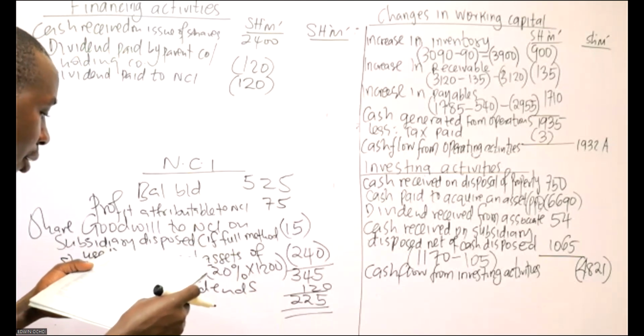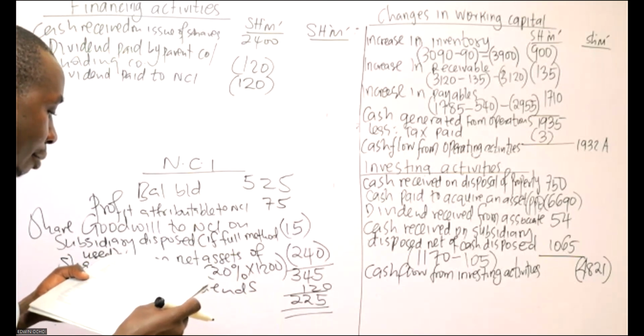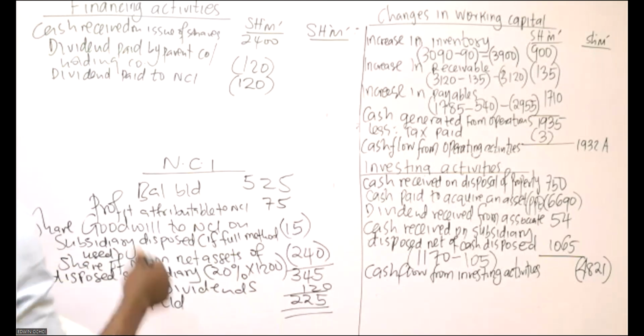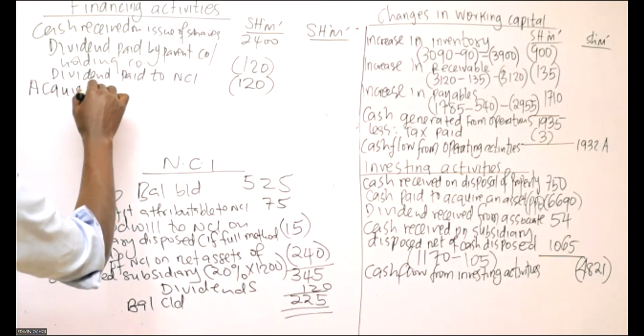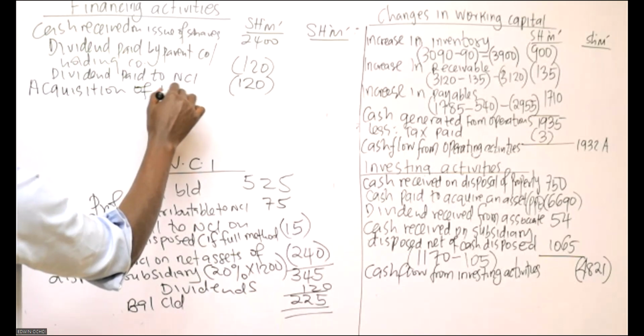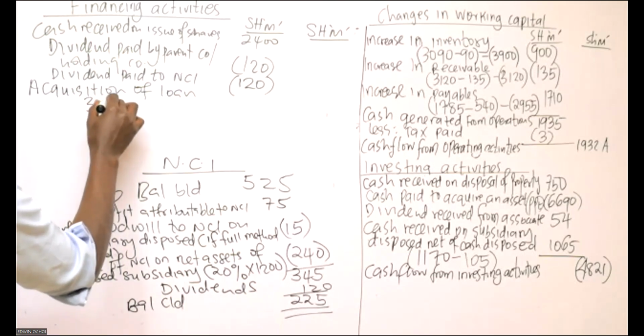So what I can see there, the loan was 3,000 as at 2016. If I minus the disposal, so obviously there will be acquisition of loan, because as at 2016, we have a loan of 3,000.